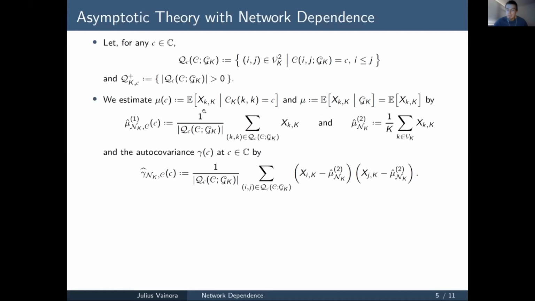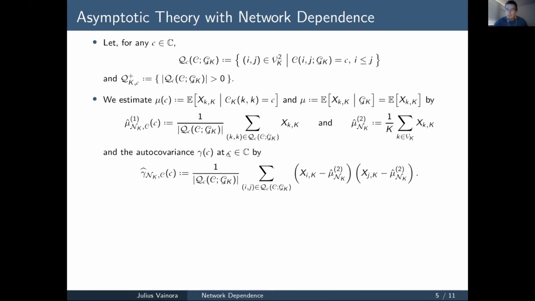And relating to the next slide, notice that here we have the subsample size, 1 over the cardinality of Q_C. As I said before, in the framework the graph is assumed to be random, so the denominator here is random, and that's what gives some of the fun challenges.